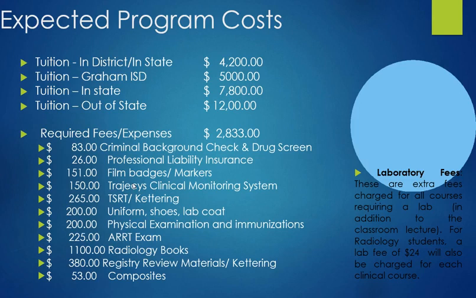Kettering is basically a registry review. Uniforms, shoes, lab coats, your physical, all the immunizations that you have to get. The ARRT exam that you take after you graduate is $225. Your books throughout the 5 semesters are about $1,100. Other registry review materials and the composites total about $2,833.